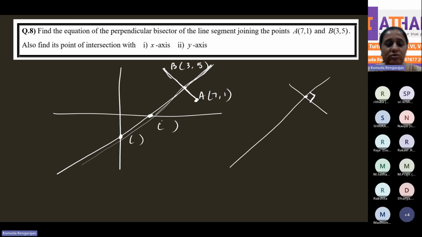So you'll have to answer 3 questions. First, you should find the equation of the perpendicular bisector of the line segment AB. Then you will have to find the coordinates of the point where the perpendicular bisector cuts the x-axis and the y-axis.